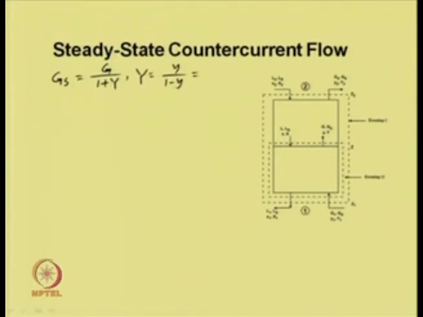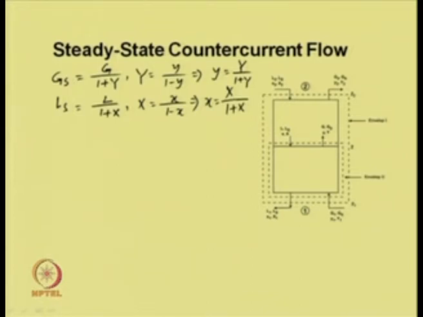From this we can write small y is equal to capital Y divided by 1 plus capital Y. Ls is L by 1 plus capital X. Capital X we can write as small x divided by 1 minus small x. From this we can write small x is equal to capital X divided by 1 plus capital X.